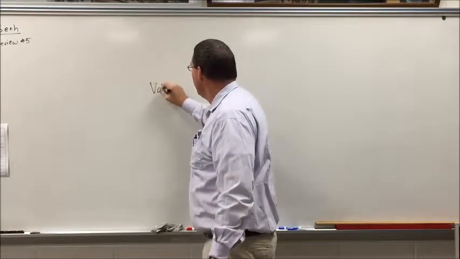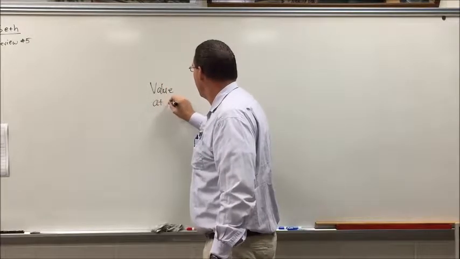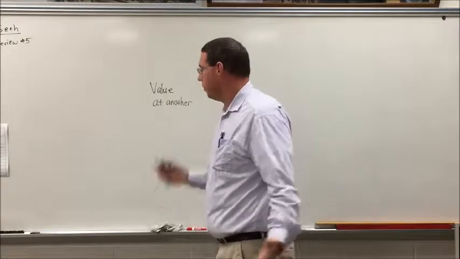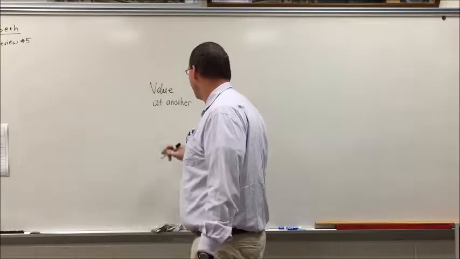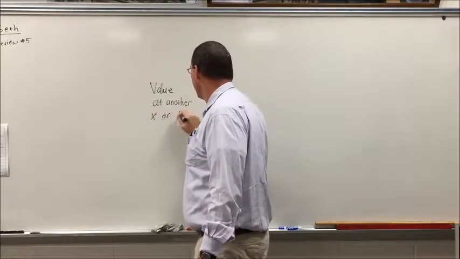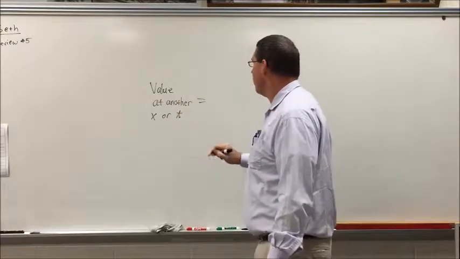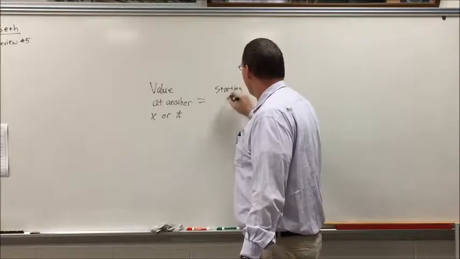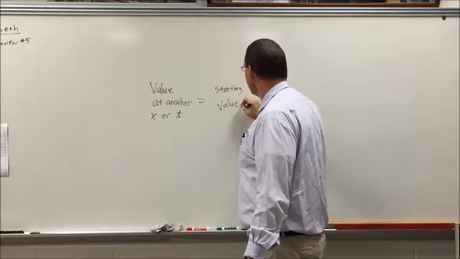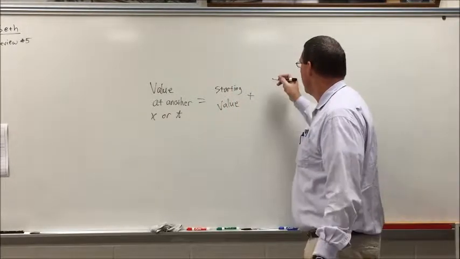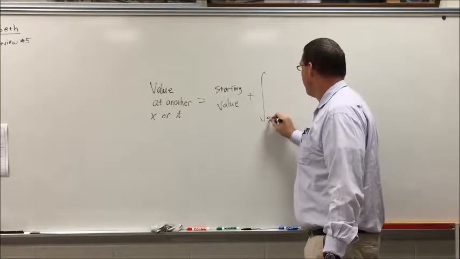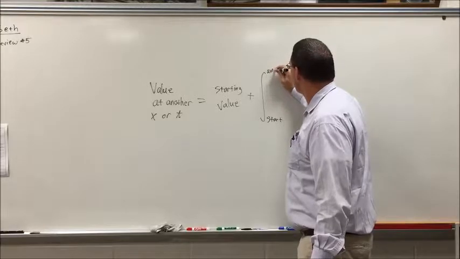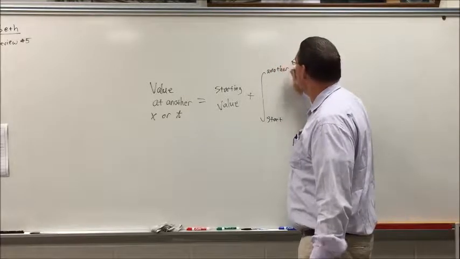Not necessarily another time, it might be another x value, but let's say another x or t. The value at another x or t is equal to the starting value plus the definite integral from start to the other time.